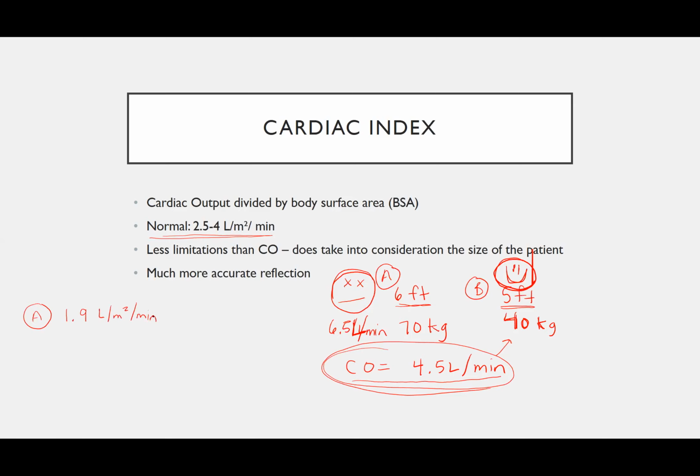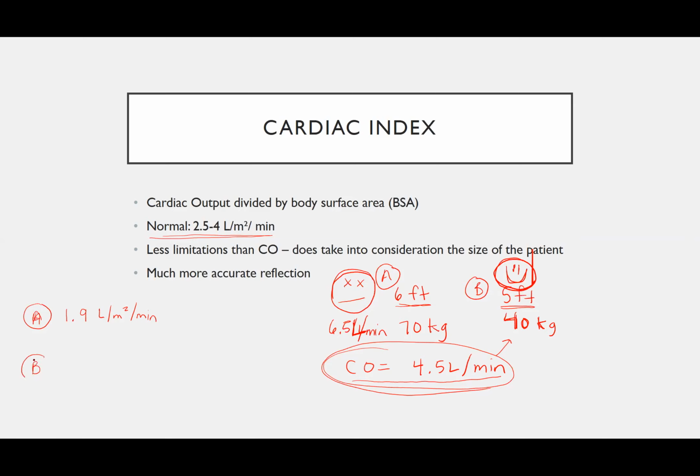So looking at this normal range of 2.5 to 4, if I have a cardiac index of 1.9, that tells me that, hey, this person is not hemodynamically in the best state, and what can we do to kind of help them out and get them settled a little bit.